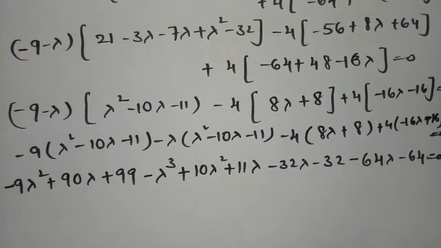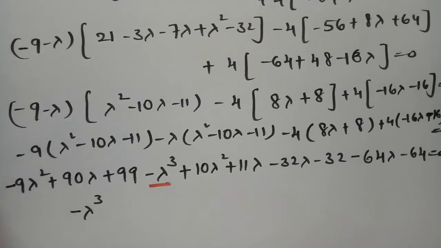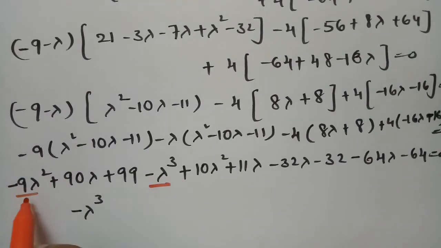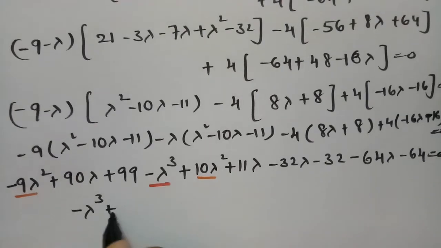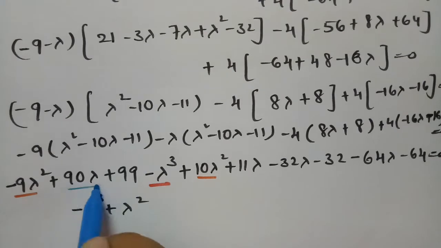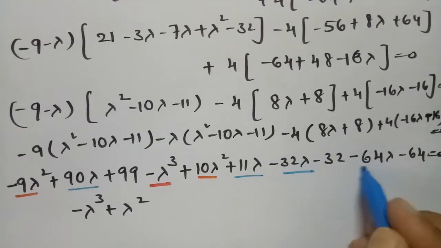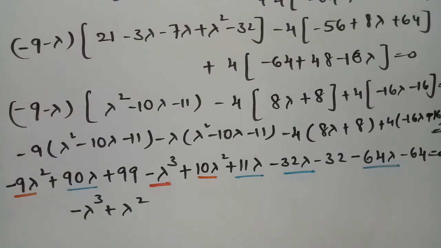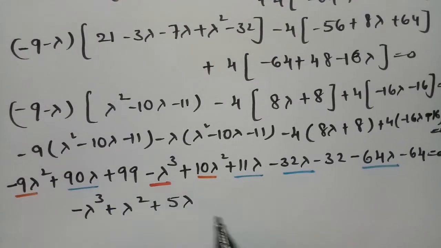If you observe this one, this is minus lambda cube. And lambda square, -9 plus 10, so this will be plus lambda square. And this is plus 90 plus 11 plus 32 minus 64, so this will be plus 5 lambda.